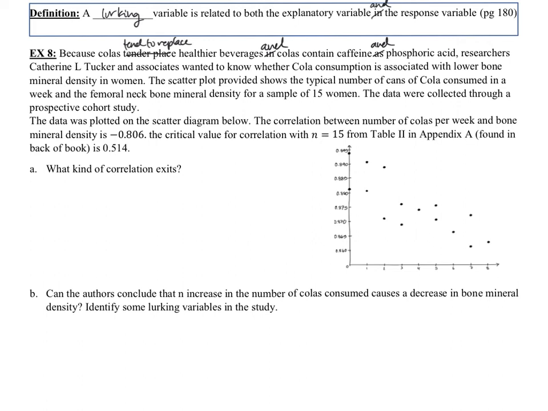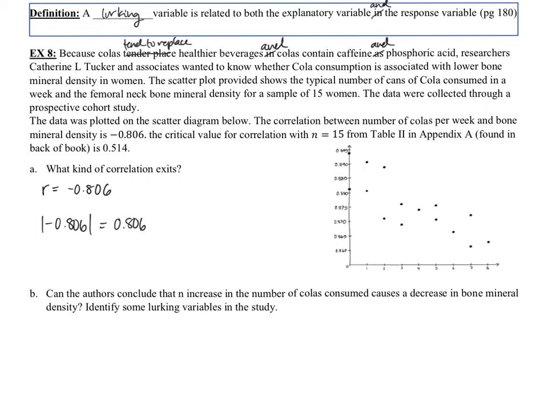Question A, what kind of correlation exists? Well, to find this out, I need R. And they already give me R, my correlation. They give it to me, negative 0.806. So how do I find out what kind of a relation? Well, I take the absolute value. And that is 0.806.